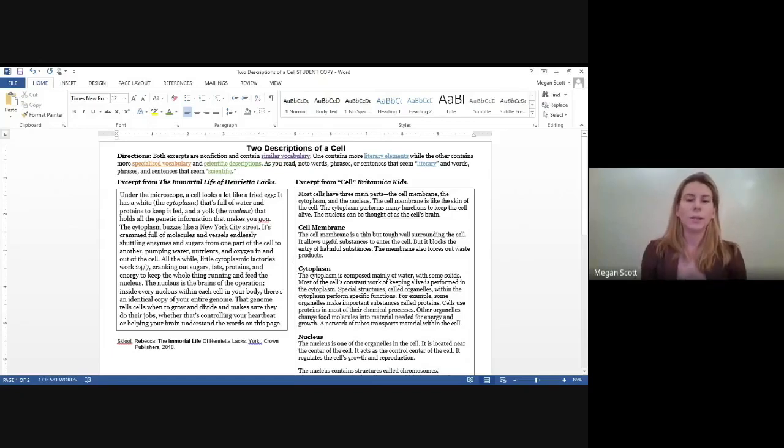So you'll just be writing those out rather than highlighting or underlining. So let's first read the excerpt on the left from The Immortal Life of Henrietta Lacks. As I read, I want you to highlight, mark, underline, or write down any literary elements or scientific descriptions, elements, vocabulary, okay?